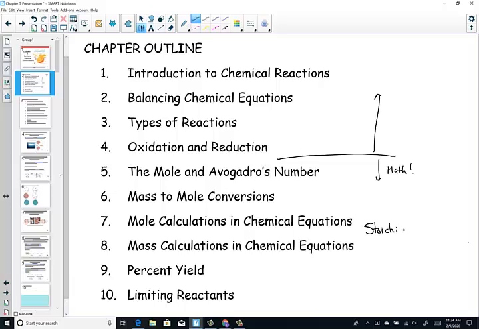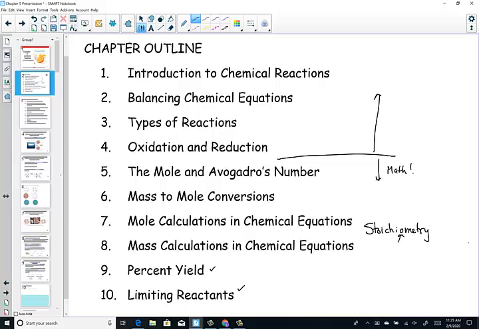Stoichiometry is the heart of all of chemistry in terms of reading a balanced equation like you would a recipe card. The last little topics here, percent yield and limiting and excess reactants, are applications of the stoichiometry mole concept.